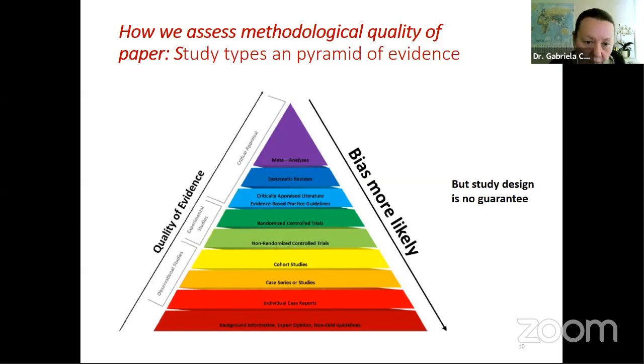As we go from the bottom, which is background information and expert opinions, individual case reports, case series, cohort studies, and then move into non-randomized controlled trials, randomized controlled trials, all the way to meta-analysis, we are moving towards studies that bring stronger and stronger evidence for using the results in practice. So that's good to know.